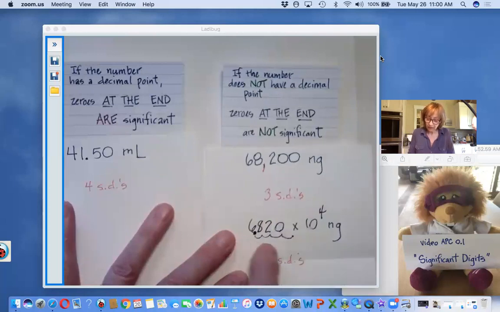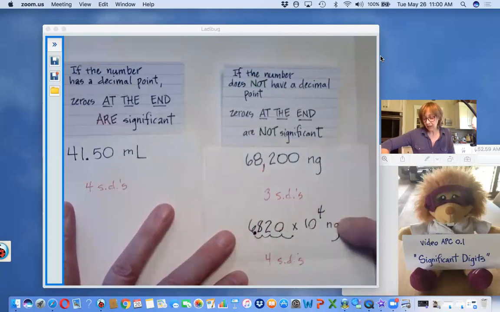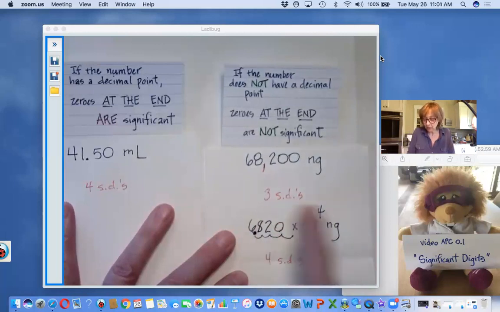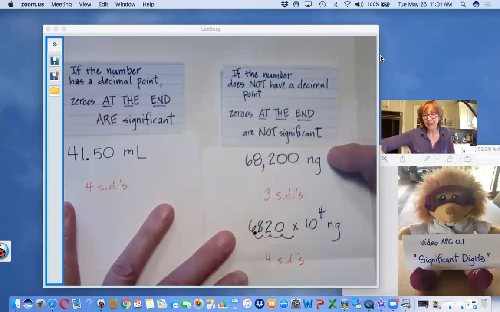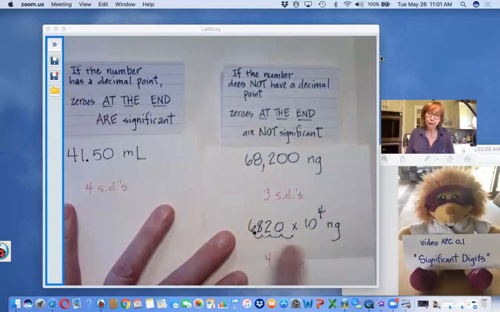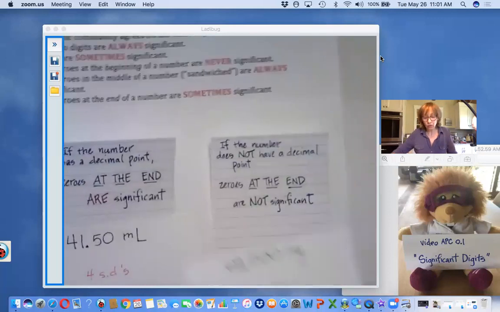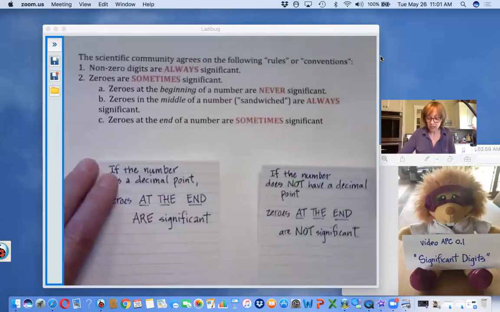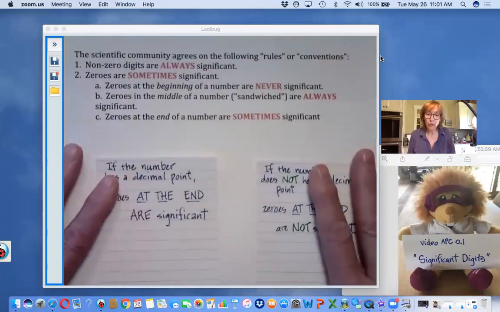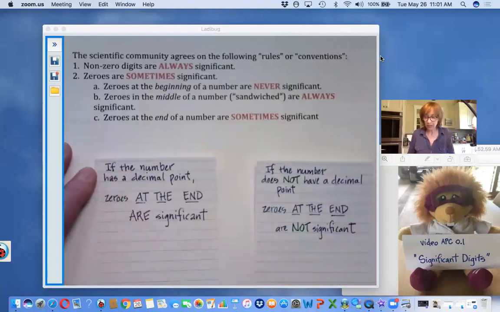This is 4 SIGDIGs. And if you write it like this, the value is exactly the same as this one, but this form is telling the reader, I had 4 SIGDIGs. All right, guys, so these rules are going to be your guidance when you are looking at numbers and trying to decide how many SIGDIGs each measurement has.